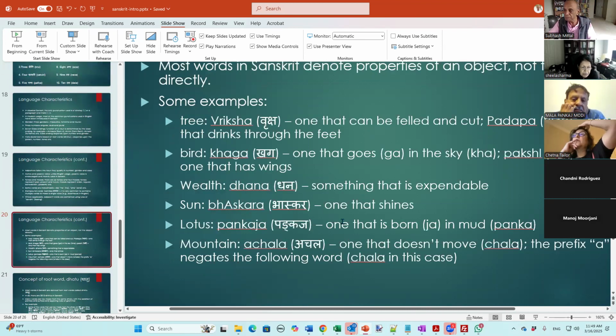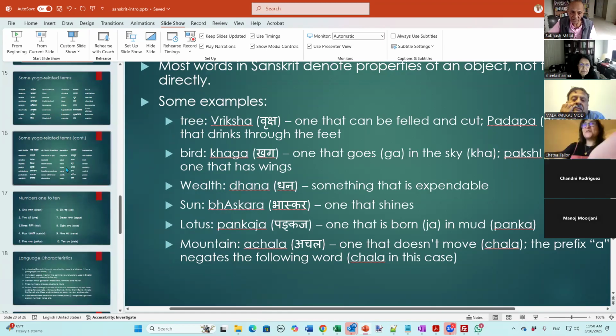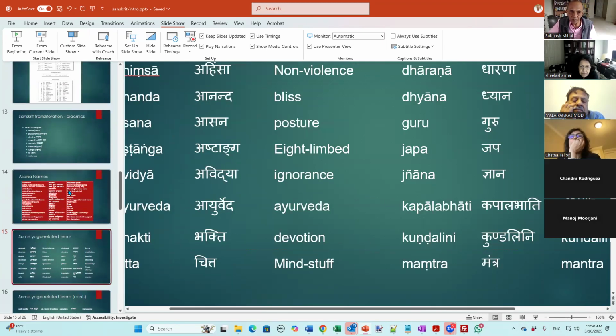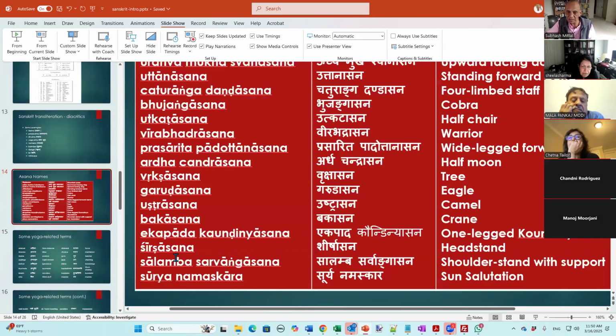Subhash, Chandani here. Got a question. Can you pronounce headstand? Let me just show you the word here. Okay, so this is Shirshasana. There are two different sha involved here, right? The first one with a little tilde on top, and the second with a dot under the S. You see that too.